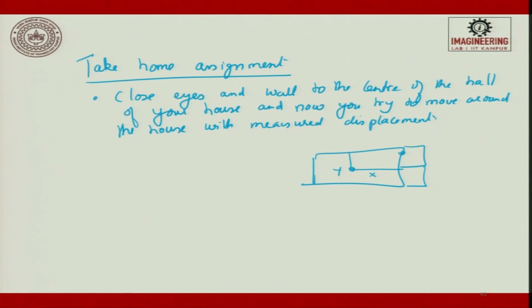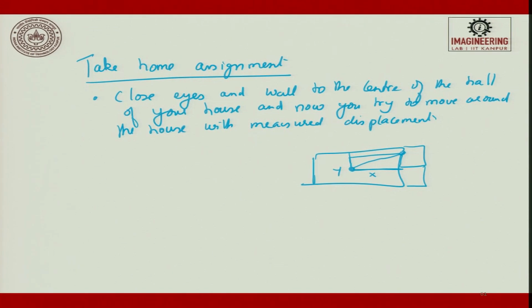So, when you do it, you will try to see multiple approaches. How does translation happen, whether we move along here and then go here, or from here go here, or diagonally we go.